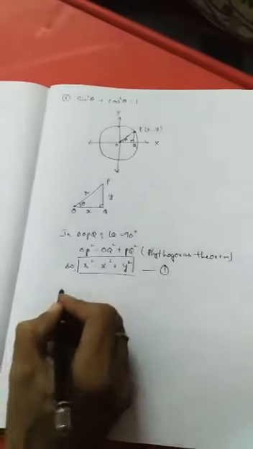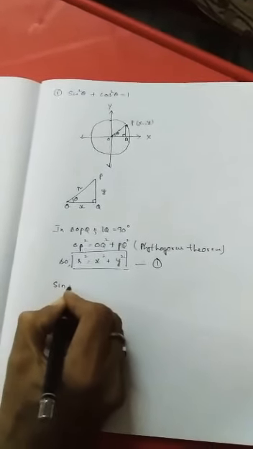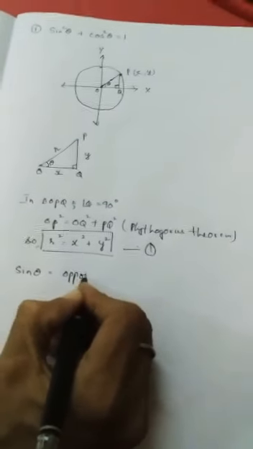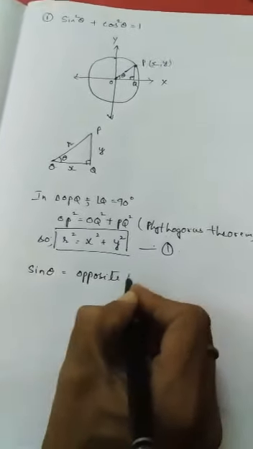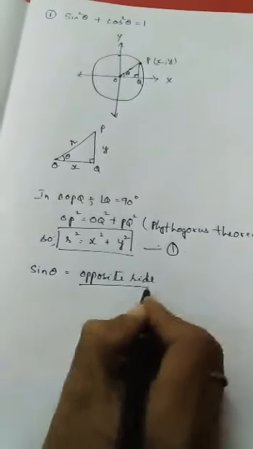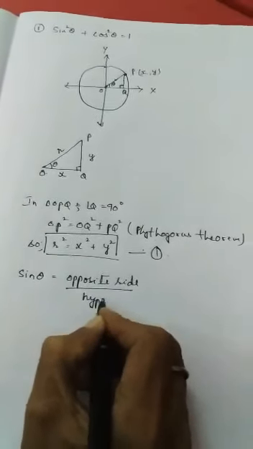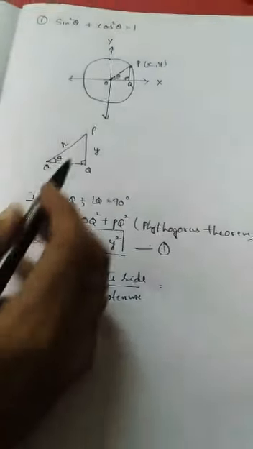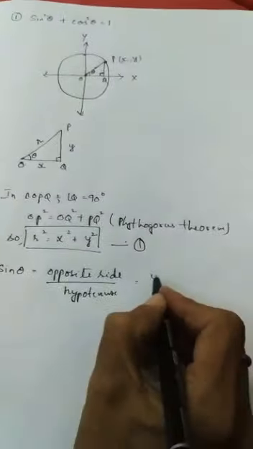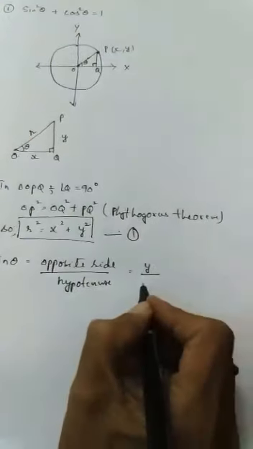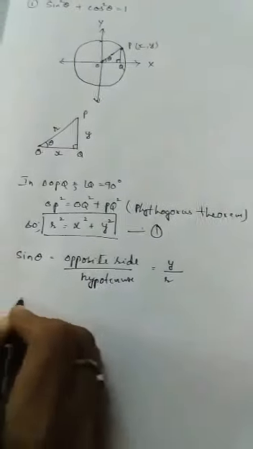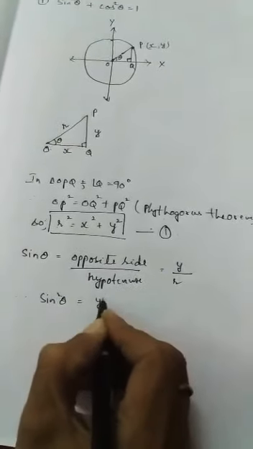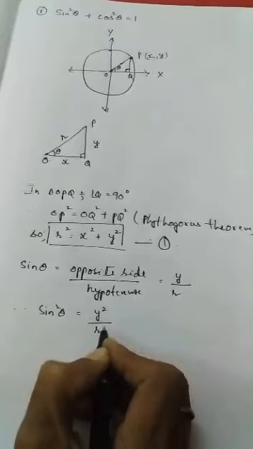Now we go to the identity. We know that sin theta is equal to opposite side by hypotenuse, so that is equal to, here the opposite side is y and the hypotenuse is r. Therefore sin square theta is equal to y square by r square.